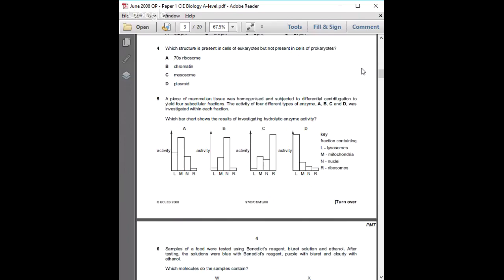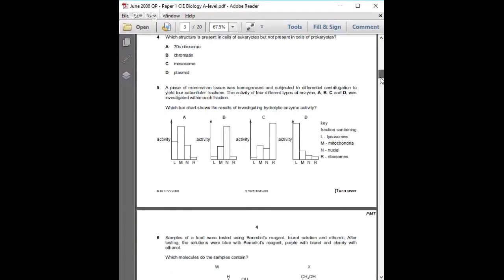Don't worry about mesosomes. They're actually just an artifact of preparing bacterial cells for imaging. They don't have any function. If you chemically fix a bacterial cell and look at it under a microscope, you see invaginations of the plasma membrane, but it isn't a functional thing, so you don't have to worry about it. Okay, let's move on to question 5.